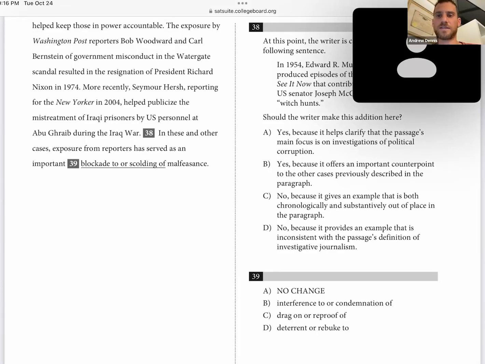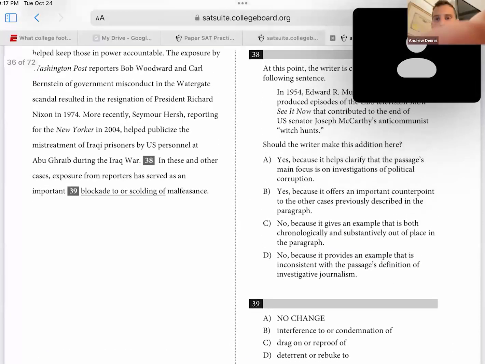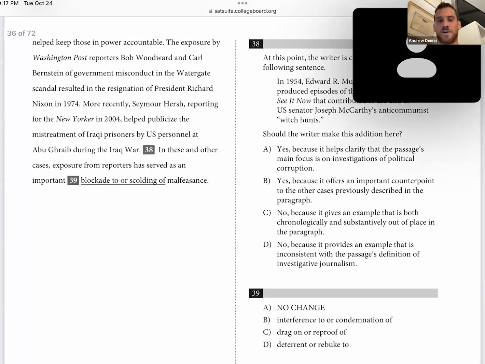"In these and other cases, exposure from reporters has served as an important blockade to or scolding of malfeasance," versus "interference to or condemnation of malfeasance," "drag on or reproof of malfeasance," or "deterrent or rebuke to malfeasance."